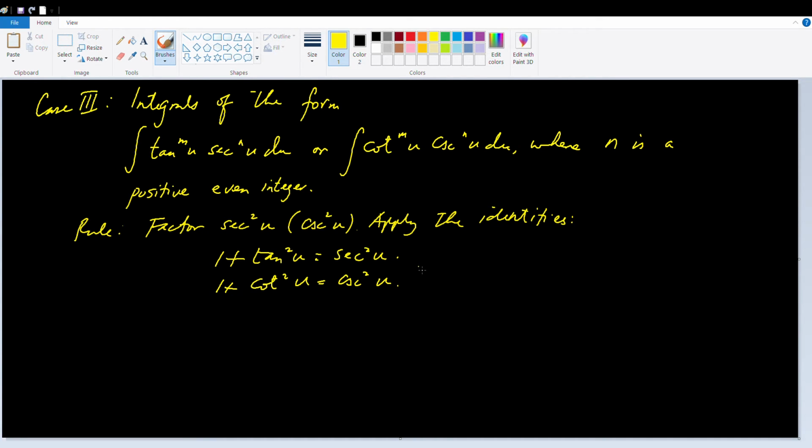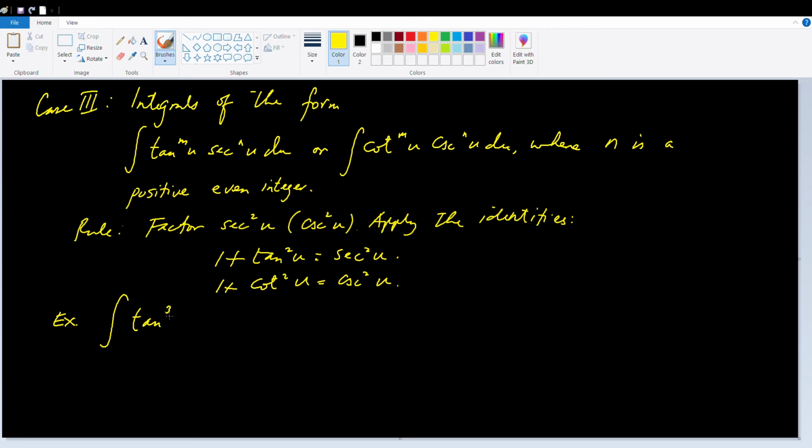In the same manner, if we have cosecant squared u and associated with it is the power of cotangent, we can apply the power formula, as we know that the derivative of cotangent is negative cosecant squared u. Right?